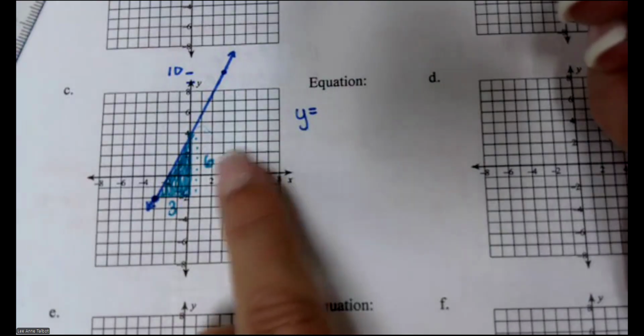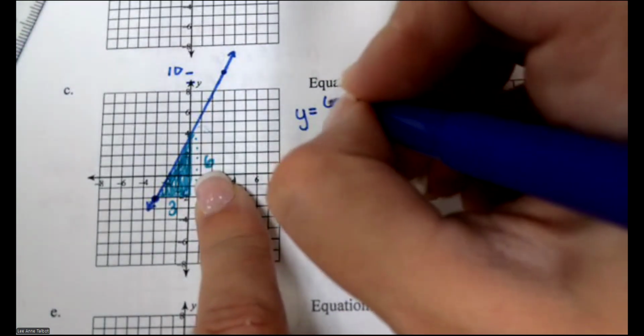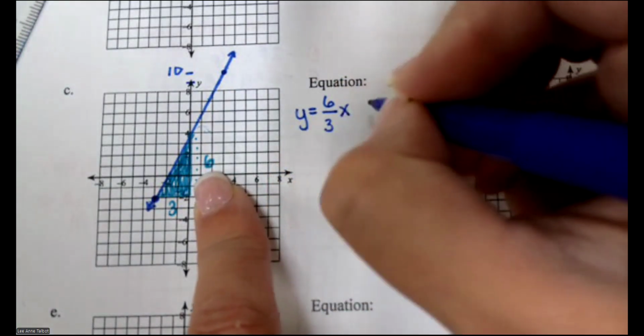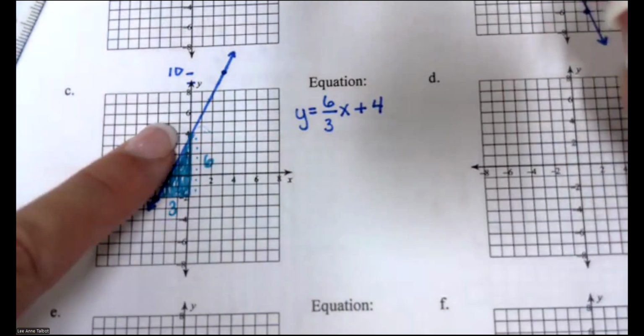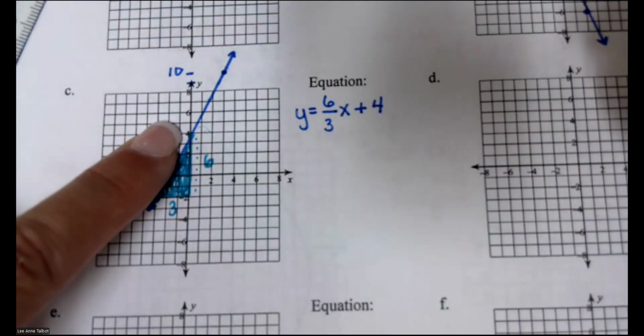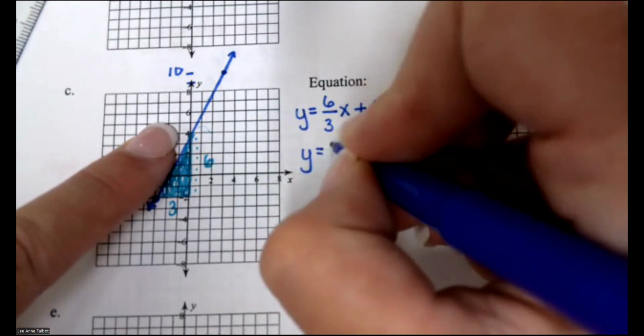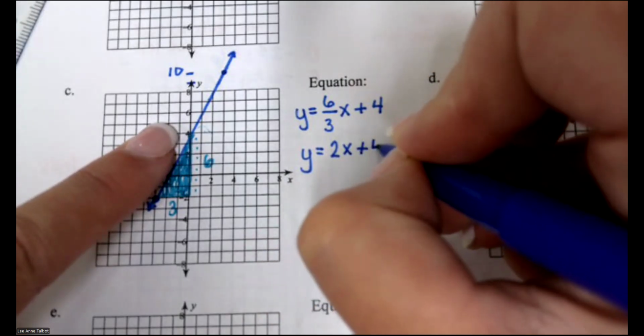Okay, so I'm going to do this in 2 steps. I'm going to say rise over run x plus, and then the y-intercept is 4 right there. And then final answer, y equals 2x plus 4.